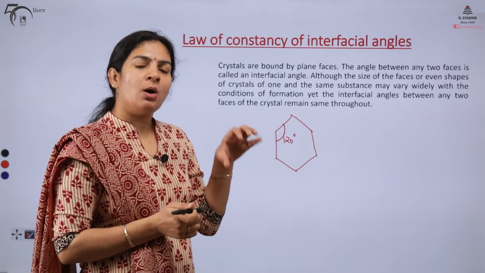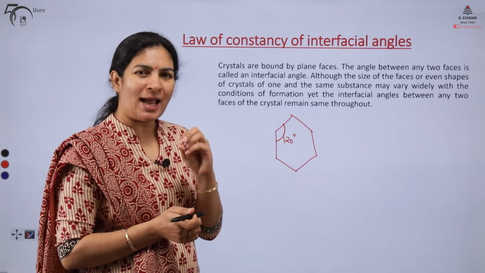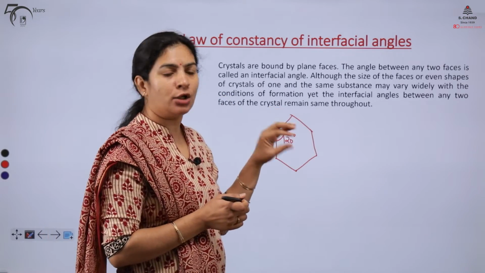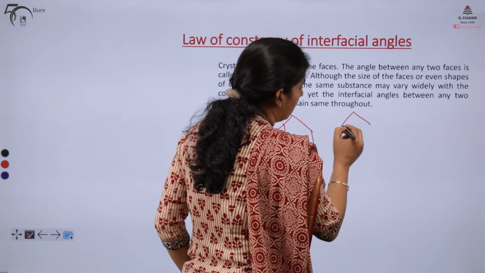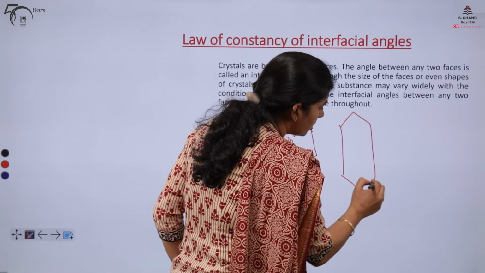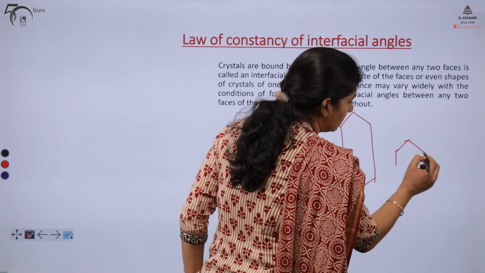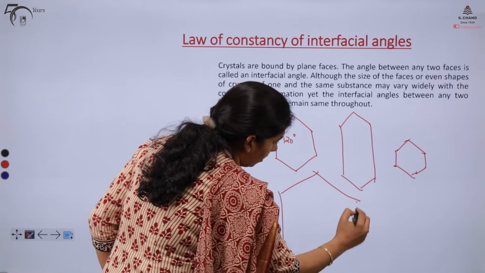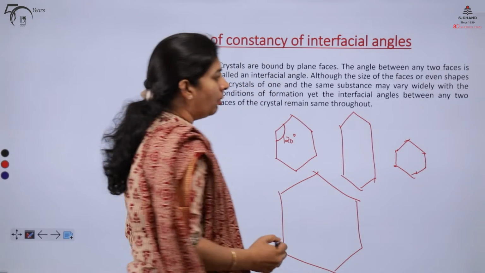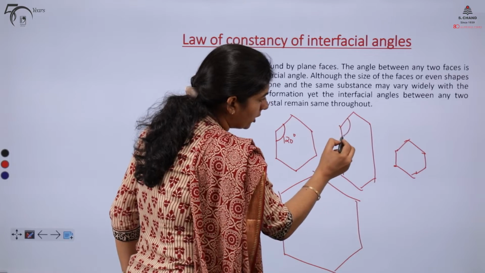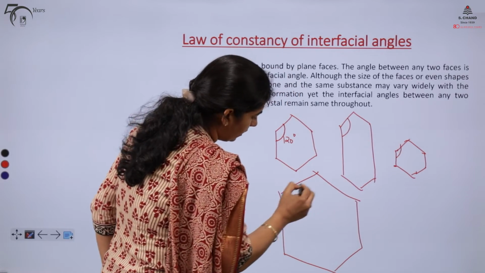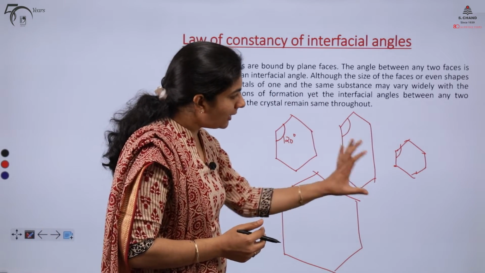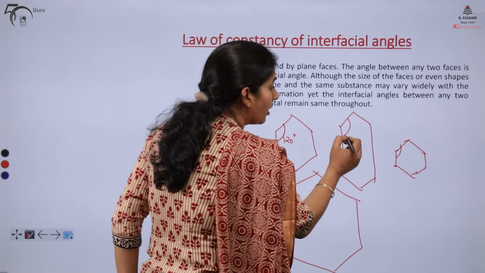This law of constancy of interfacial angles says that irrespective of the size or shape of the crystal, it can be slightly elongated, it can be smaller in size, and it can be big enough, but the angle between the corresponding faces, this interfacial angle, remains the same.